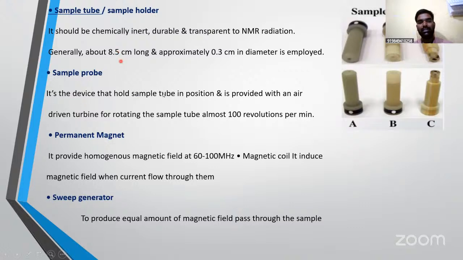It contains air-driven turbines which will rotate that sample tube, at about 100 revolutions per minute.